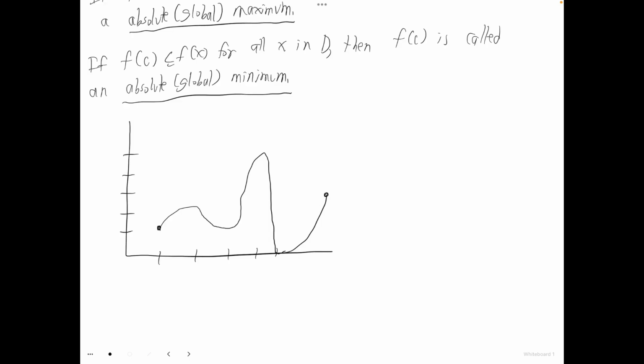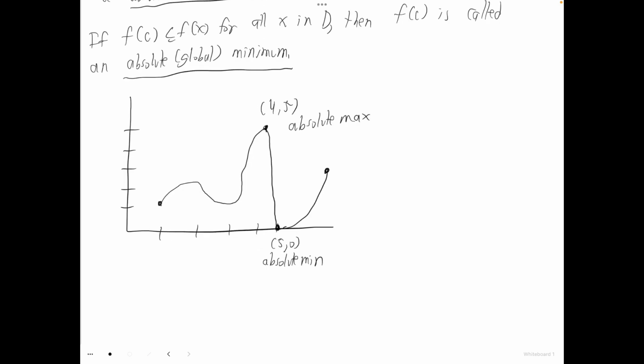Just going to stop there. So in this graph, the very lowest point is all the way down here at 0. So the point 5, 0 is the absolute min. And this point up here, which is 4, 5, this is the absolute max. The very highest point is the absolute max, the very lowest point is the absolute min.